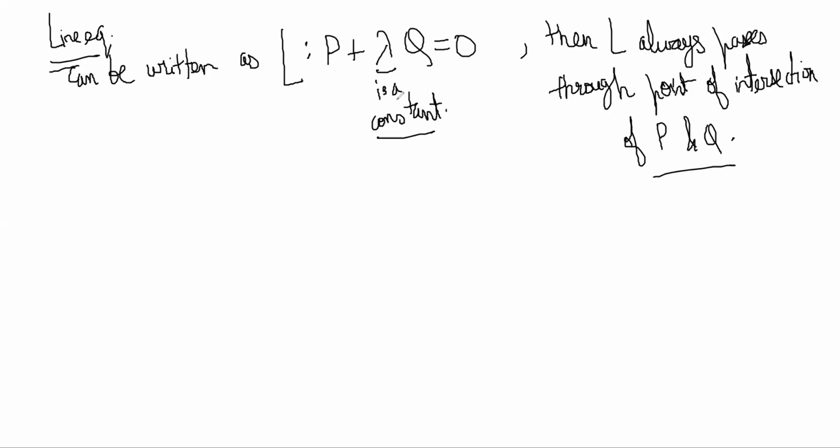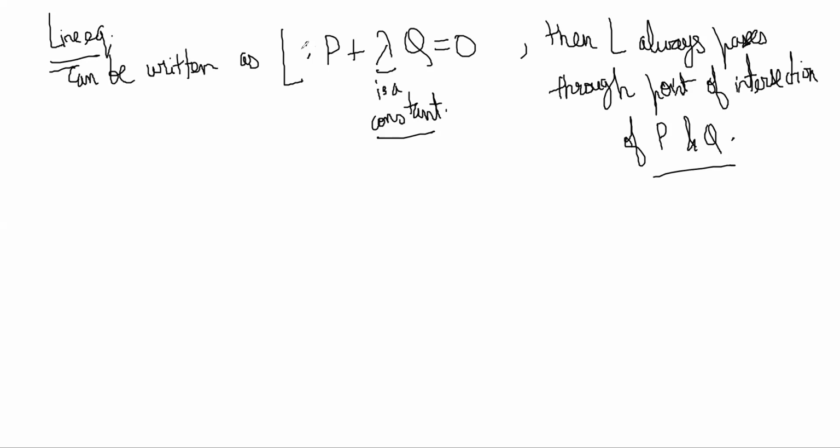This we have done in the previous class. If you have an equation like that, then the line L will always pass through the point of intersection of p and q, correct?